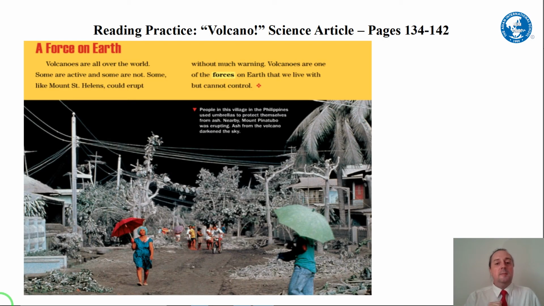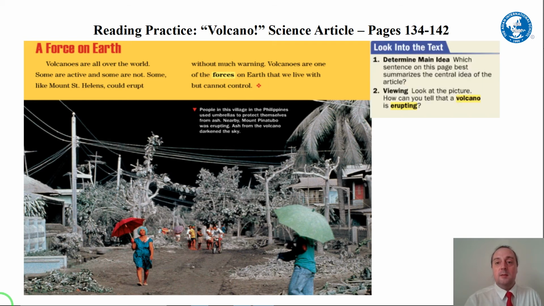Next page. Okay, this one is called A Force on Earth. So, here's your task. Okay, determine the main idea. What is the central idea of the whole science article, Volcano? Okay, what is it that we are supposed to learn from this article? And then look at the picture here.